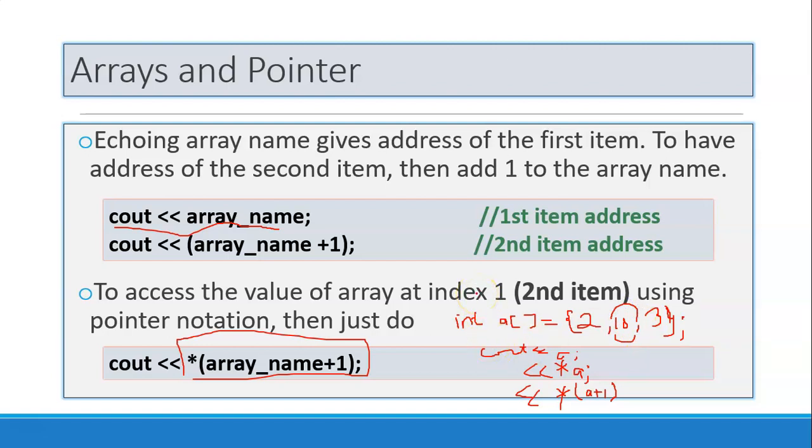Remember, arrays are actually constant pointers, because you cannot use the array name to assign any value to it. You can just access or modify the values of the elements in it, but you cannot assign any other address to the array name.